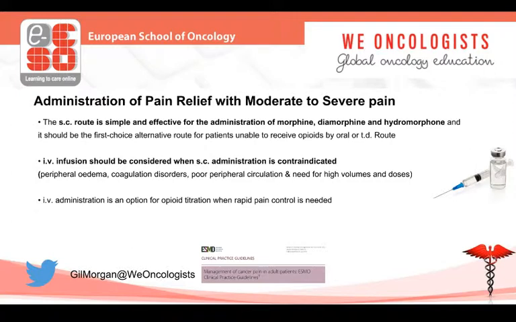An IV infusion can also be considered when subcutaneous administration is contraindicated, such as in cases of peripheral edema, coagulation disorders, poor peripheral circulation, and need for high volumes of doses. So IV administration is an option for opioid titration when rapid control is needed.